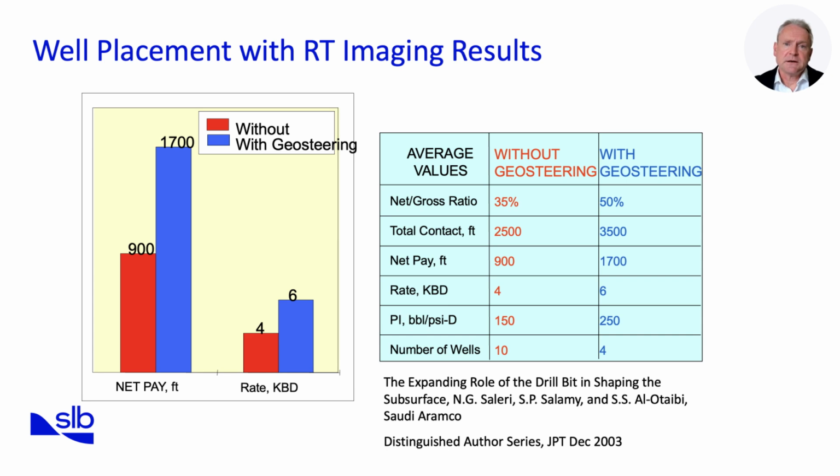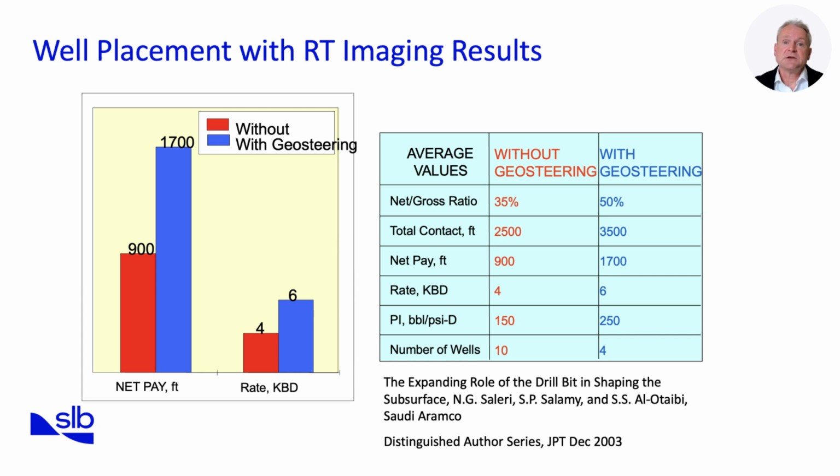With geosteering, those metrics improve substantially. Net to gross rises to 50%, total contact increases to 3,500 feet, and net pay nearly doubles to 1,700 feet. Daily production climbs to 6,000 barrels, and productivity index rises to 250.